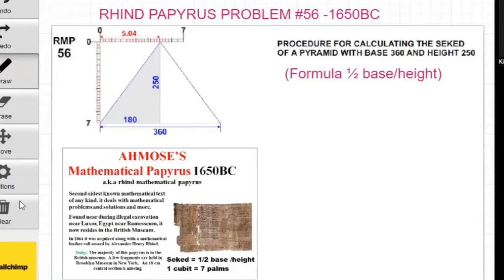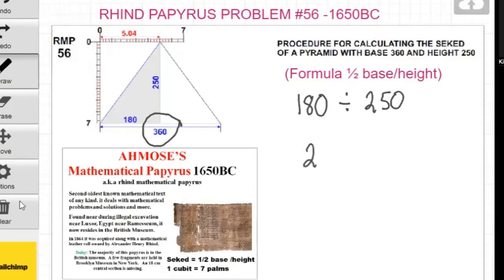So first of all, the formula for this particular pyramid says half the base divided by the height. We see the base here is 360, and half of 360 is going to be 180, if we do our math correctly. It says divided by the height, which is 250.